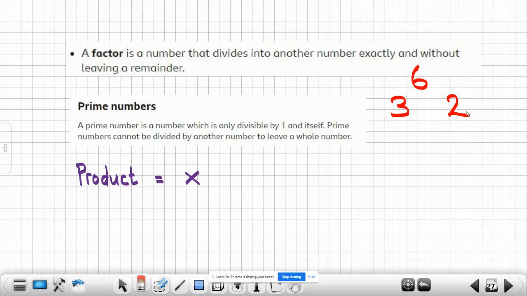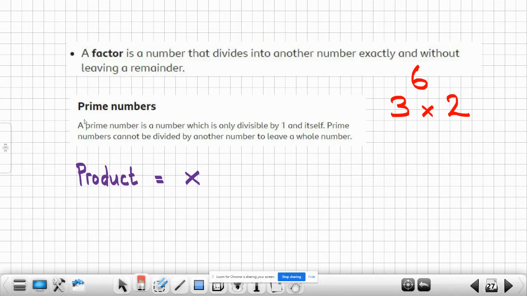And we can divide 6 by 2 and it will divide exactly with no remainders. So both of those are factors of 6. If we multiply them together, we get 6.